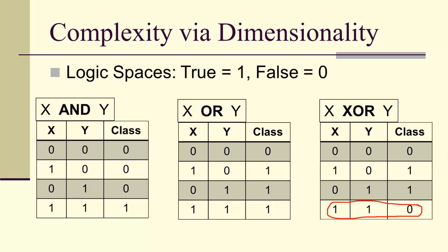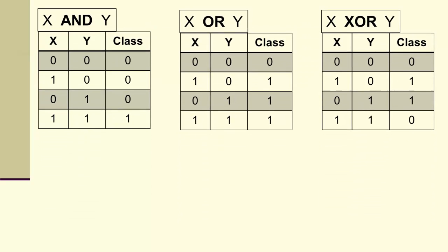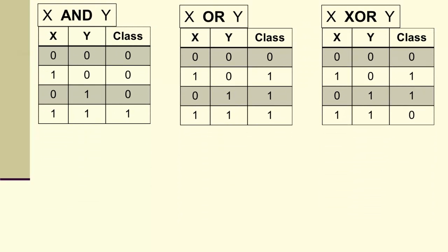Now let's take a look at these geometrically. I can plot these as points in the plane. For the AND data set, I have 0, 0, 0 corresponding to these first 3 points, and because they're all class 0, the locations corresponding to these points I label with 0.